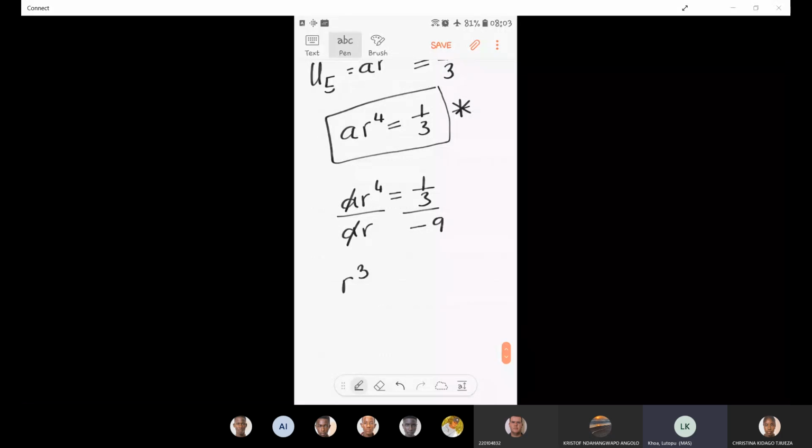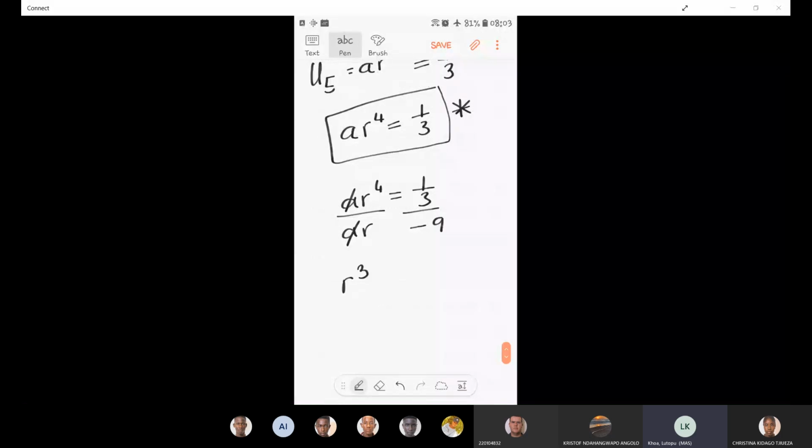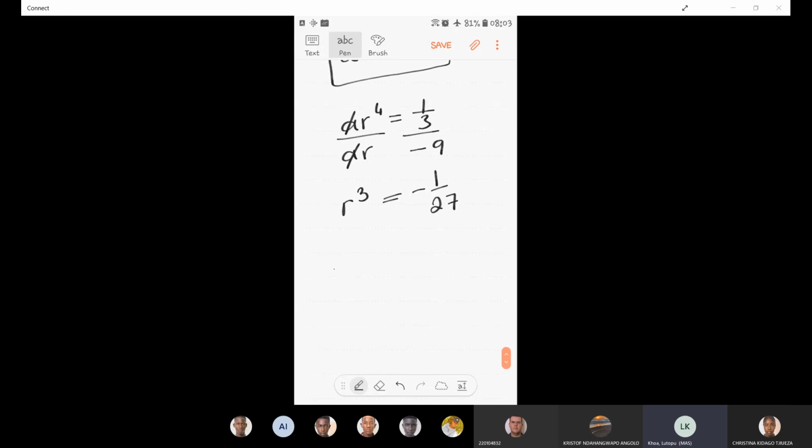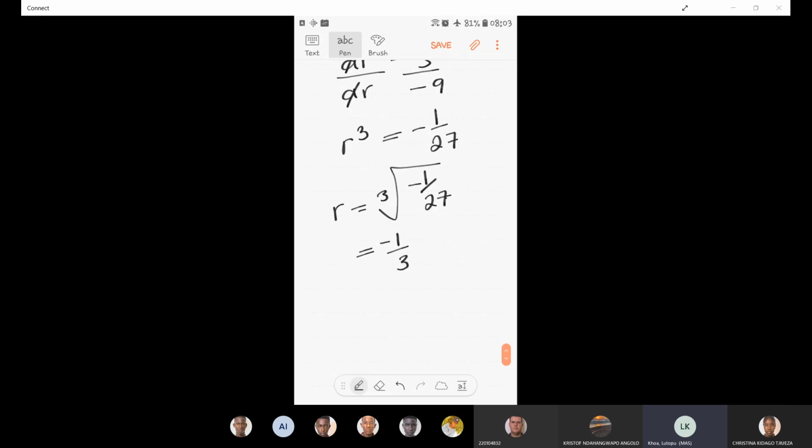Remember your laws of exponents: you should subtract the exponents if your bases are the same and you're dividing. And this is equal to -1/27. Then you just take the cube root on both sides. You have R is equal to the cube root of -1/27, and this is equal to -1/3.